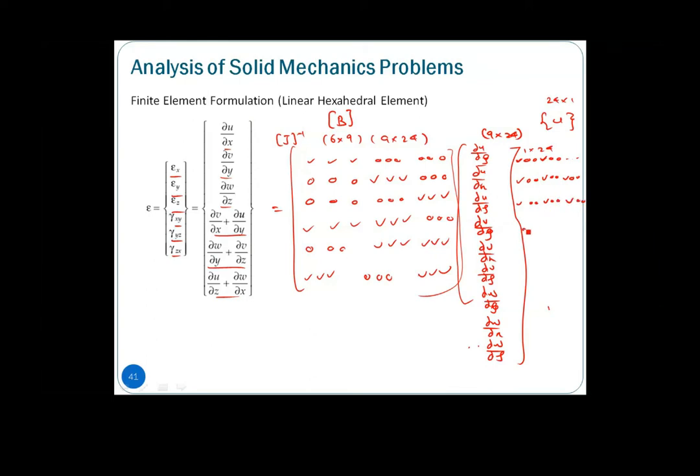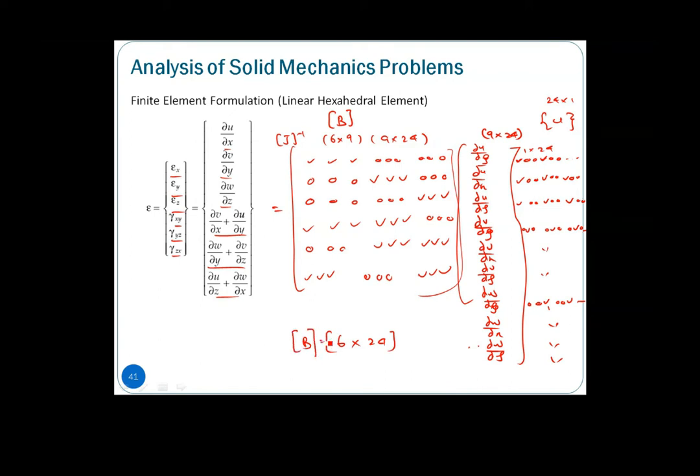Then here will be 0, non-zero, 0, 0, non-zero, 0, until 8 times, 24. Then here is 0, 0, non-zero, 0, 0, non-zero, 8 times. So in the end we have a 9 times 24 matrix. So 6 times 9, 9 times 24, our B is basically 6 times 24.